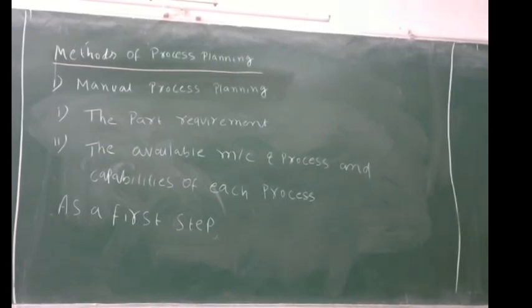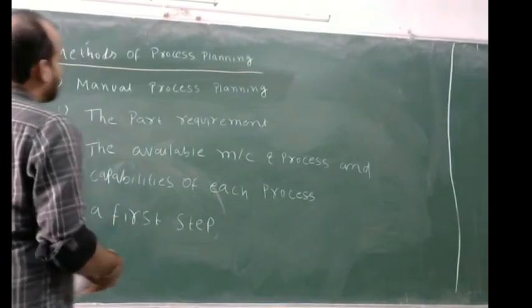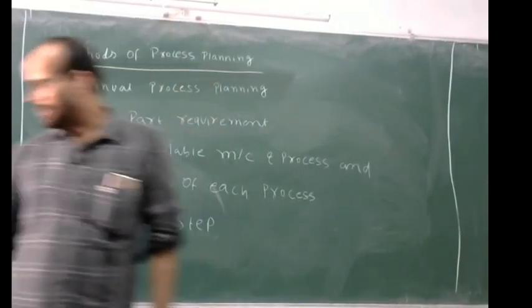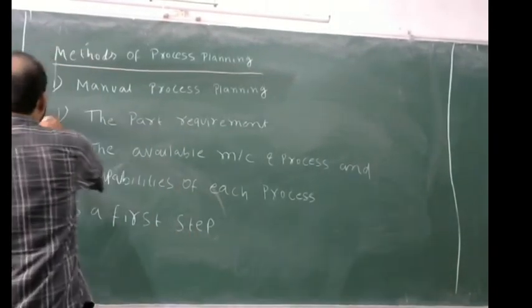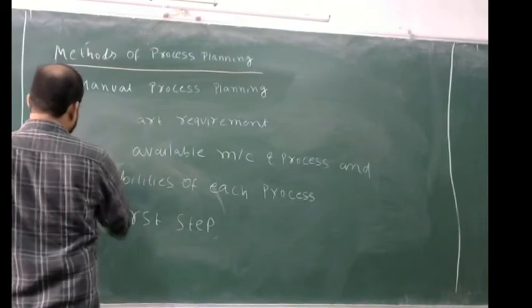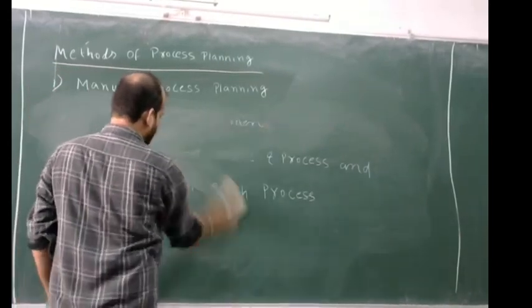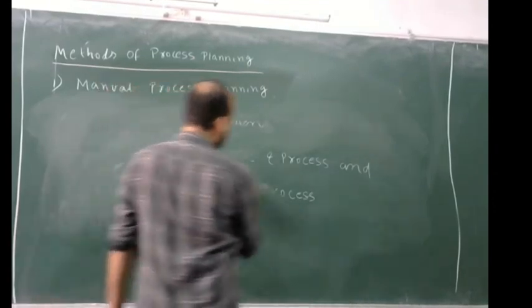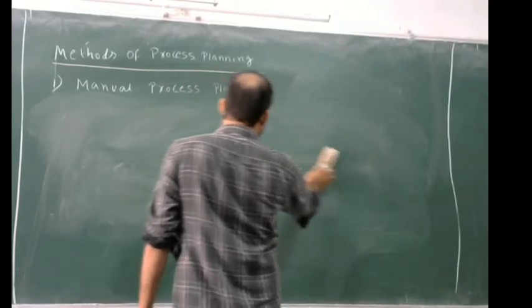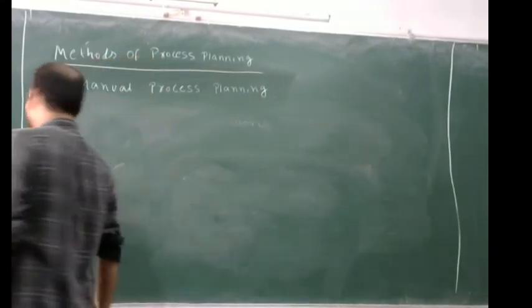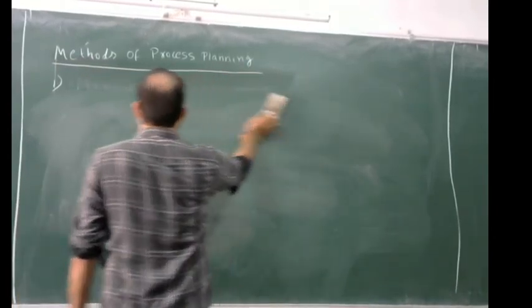Okay, after comparing, if the production engineer recognizes the similarity, then the manual process plan is retrieved and used. Now, the second type of process planning is computer aided process planning.